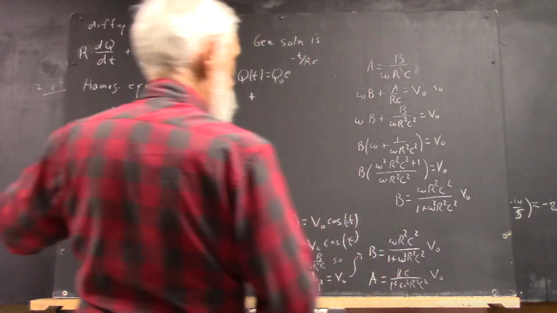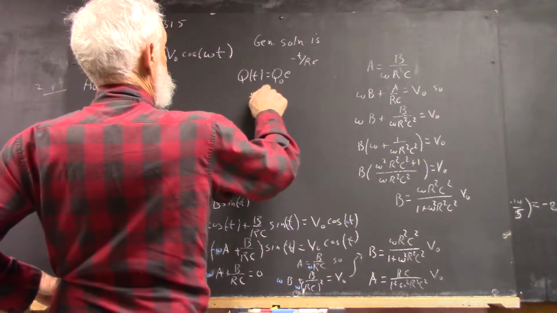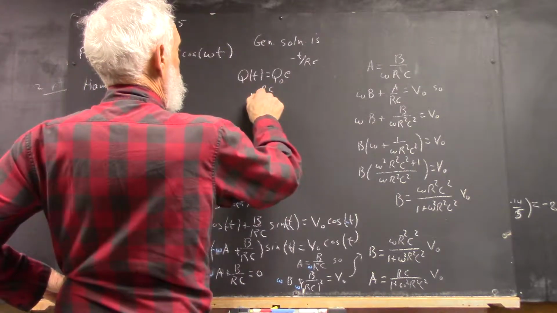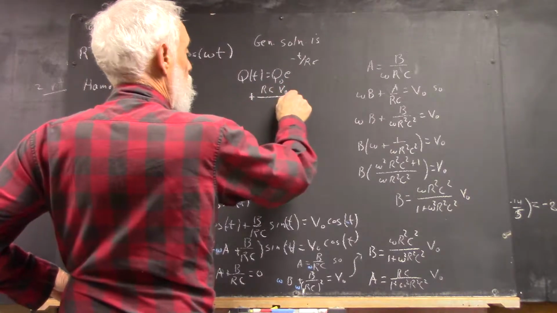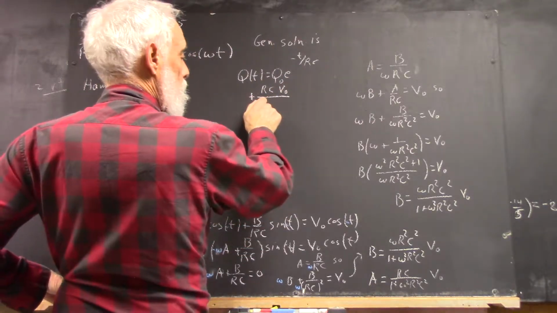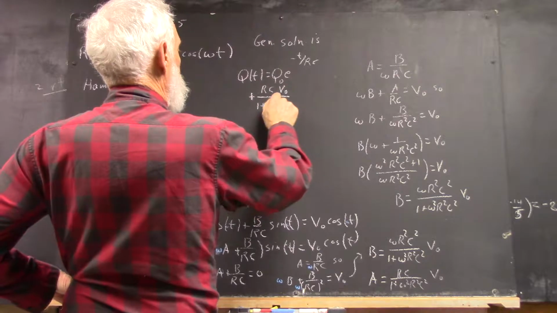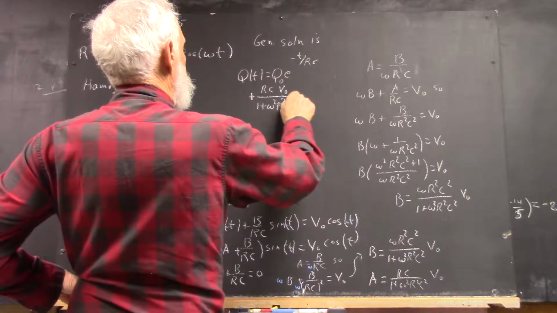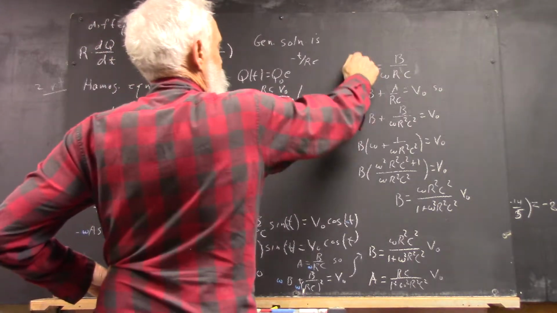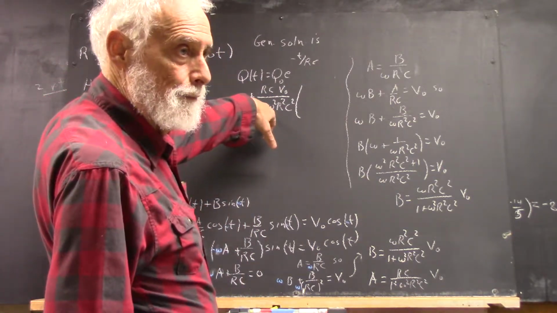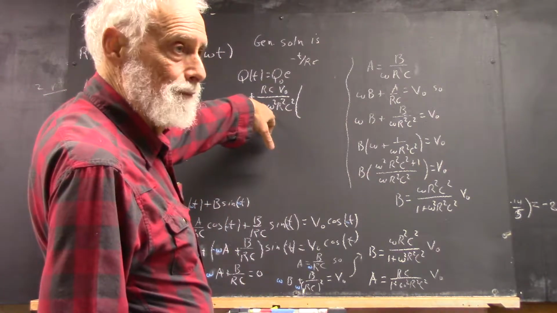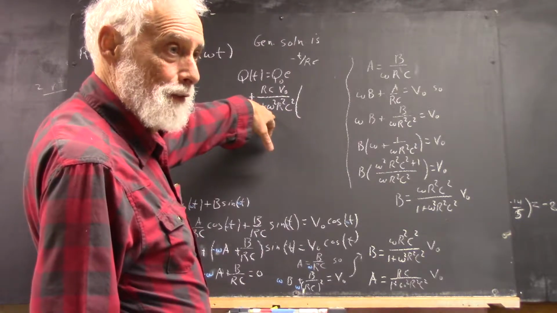Okay? So it's going to be RC V naught over 1 plus omega squared R squared C squared. And that's the meaning of this quantity we'll leave for the interpretation in physics.